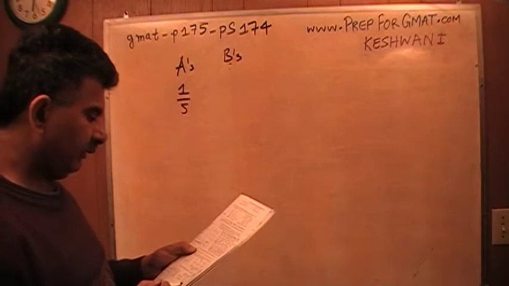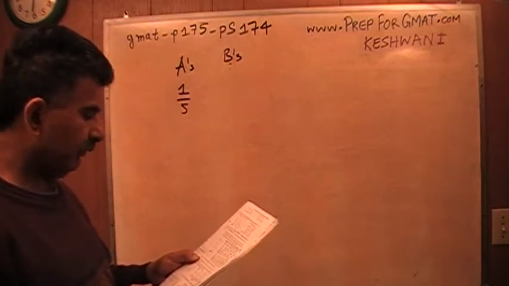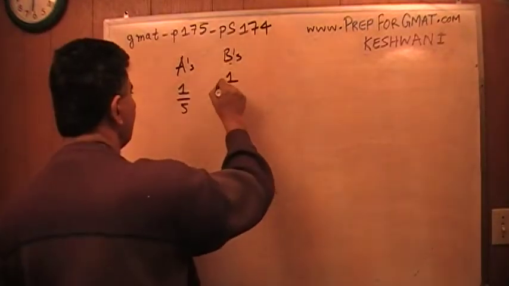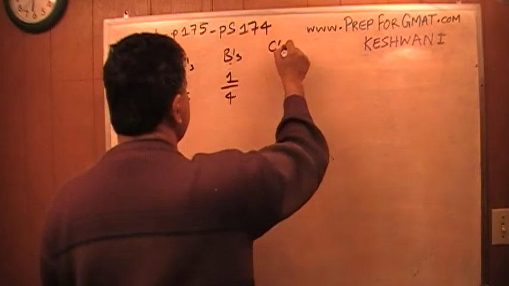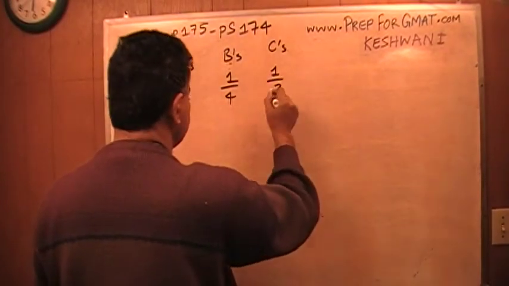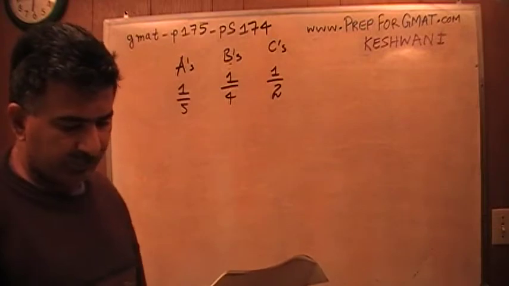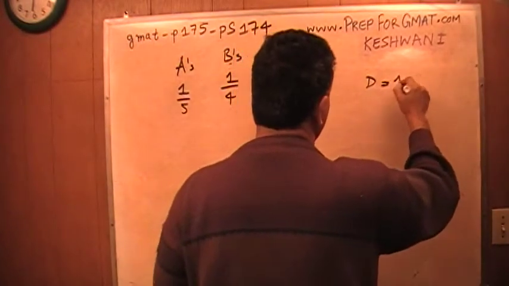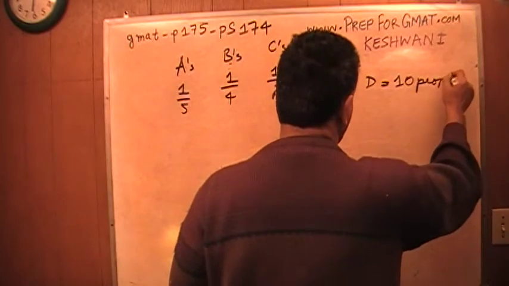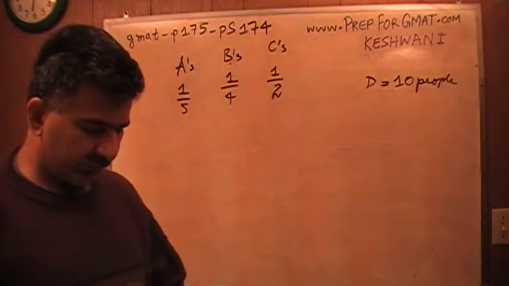On the final grades received by the students in a certain math course, 1/5 are A's, 1/4 are B's, and 1/2 are C's. The remaining 10 grades are D. So for D, we know that there are 10 people. The question simply is, what is the total number of students in the course?